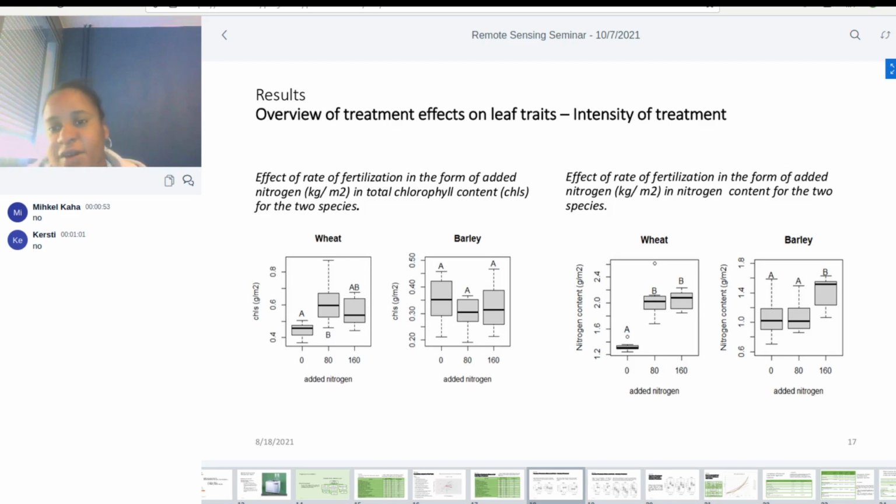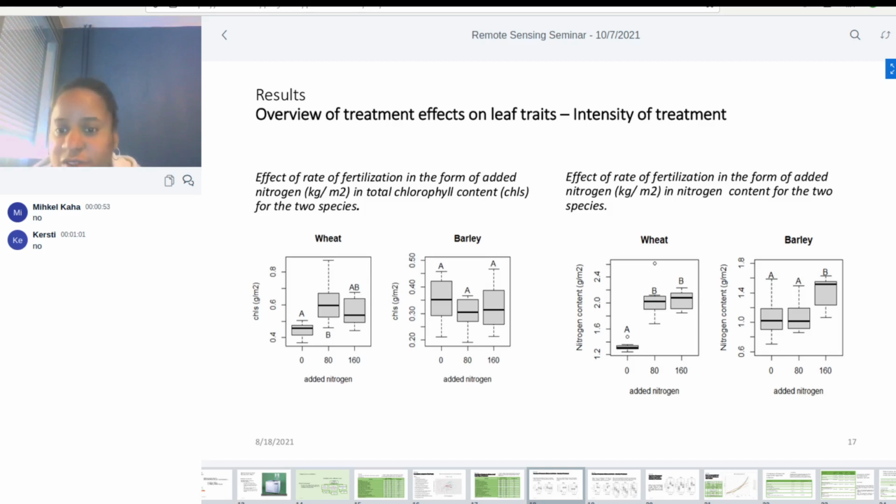Then here we have an overview of the effect that the intensity of treatment had on the leaf traits. What we describe as the intensity of treatment is the concentration of nitrogen added, in kilograms per square meter, in the different samples. First we have the total chlorophyll content as a function of the added nitrogen.